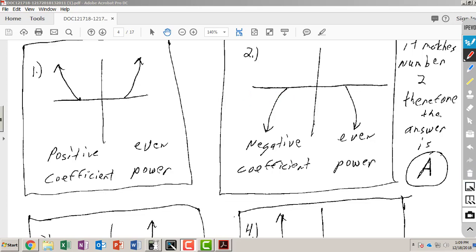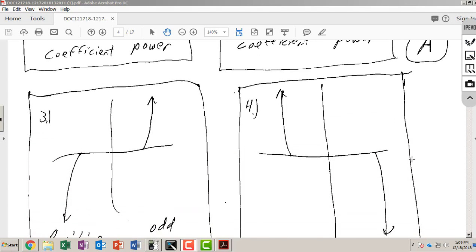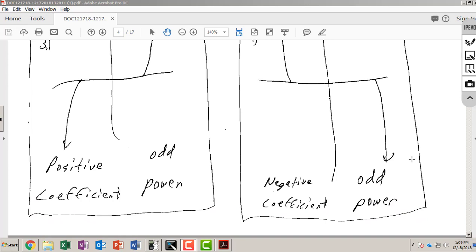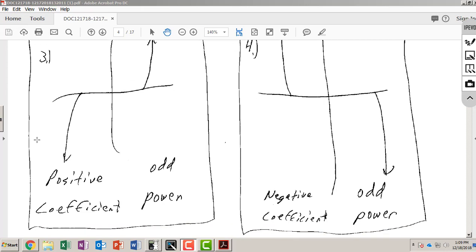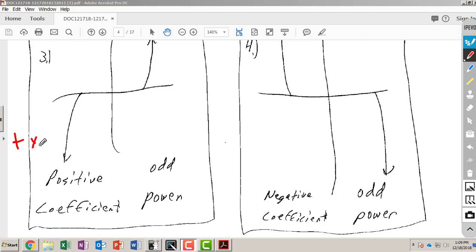And then on the second part, this is a positive coefficient with an odd power, like x to the 3rd, 5th, or 7th, and so on. In other words, positive x to the odd.